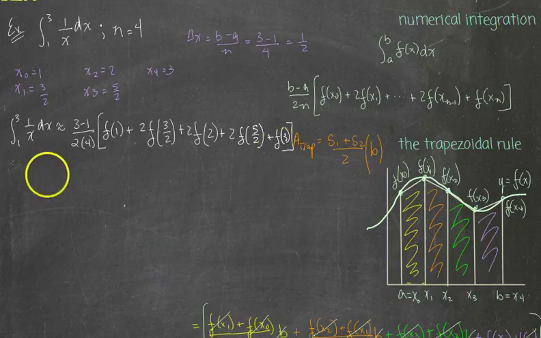Okay, but what is that? Well, 3 minus 1 is 2 divided by 2. That just disappears out of the formula.